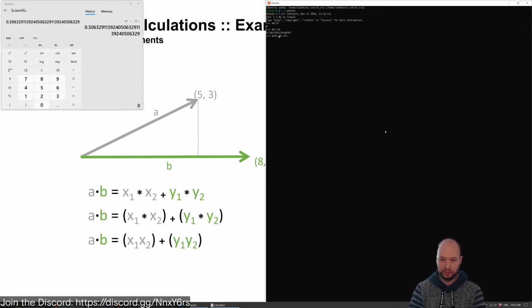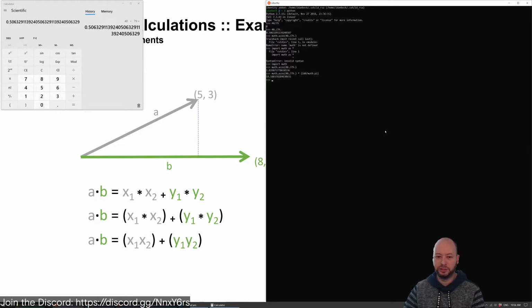And if we do math.acos, which is the inverse cosine, great. So we get 1.039 radians, which to convert into degrees, we would then do times 180 divided by pi, I believe.